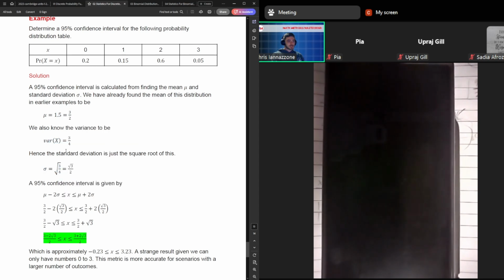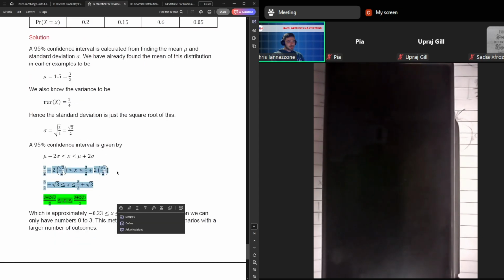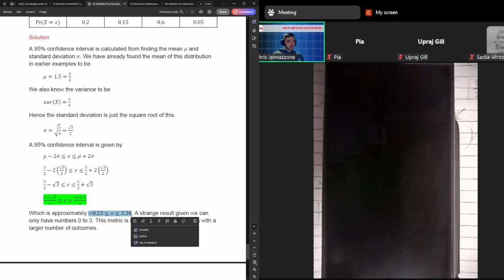For standard deviation, we're just going to square root that variance. For the 95% confidence interval, you're going to have x in the middle, the mean, which is 1.5, plus or minus 2 standard deviations. So you just plug in the numbers into all the spots that you see, and this one tells us that our x value is going to be between negative 0.23 and 3.23, approximately.